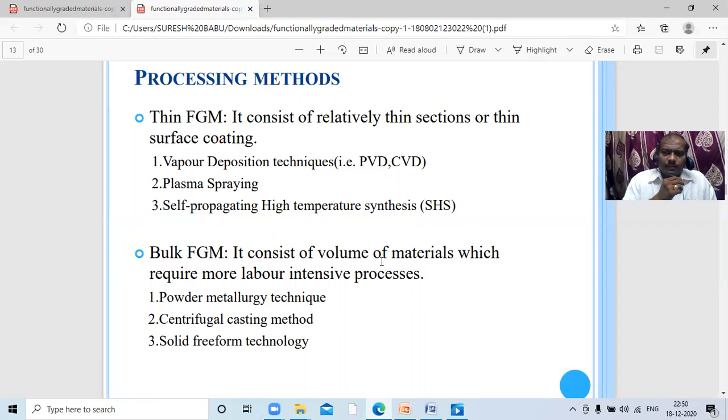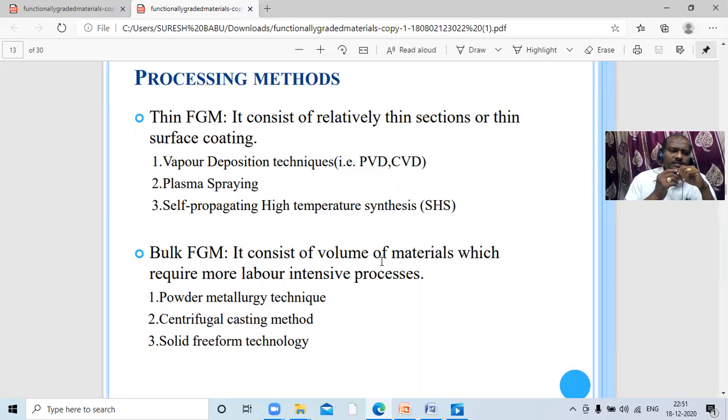Next, I explained how FGMs can be useful for a specific purpose. Next, I have shown a few examples of naturally available functionally graded materials, and the possible methods to prepare FGM artificially.